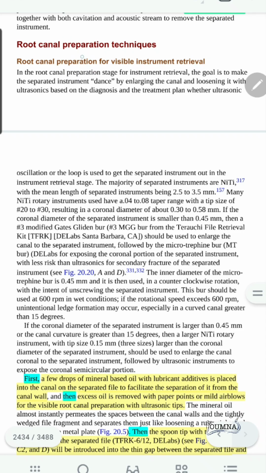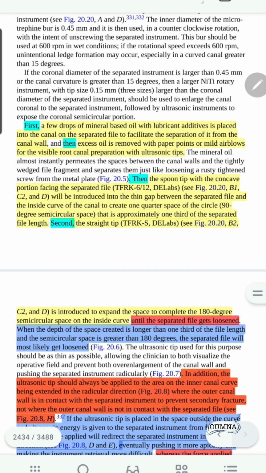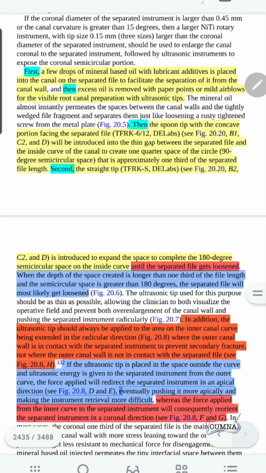Now, the first case of removing a broken file, when the instrument is visible to us. We first use a few drops of EDTA as a lubricant in the canal to facilitate the separation between the file and the canal wall. We remove the excess oil with a paper point.